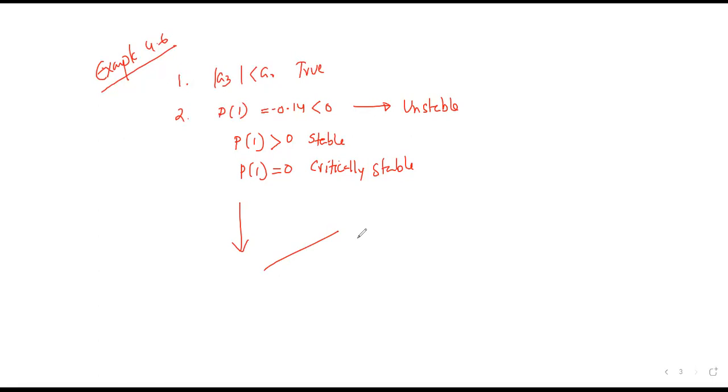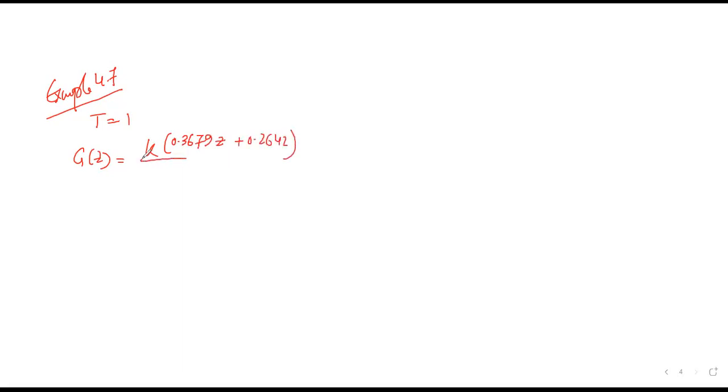Now, next example, Example 4.7. It says that a transfer function is given, the sampling period is given, so T is given as 1, and the transfer function G(z) is given as K times (0.3679z plus 0.2642) divided by (z minus 0.3679) into (z minus 1).